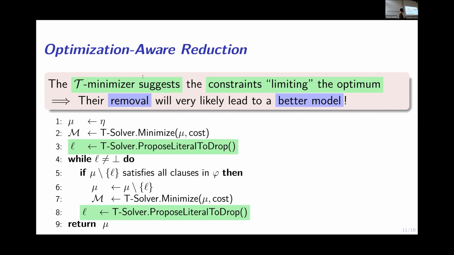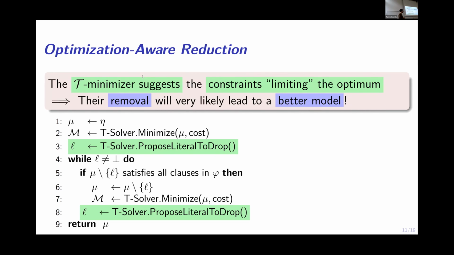So this is the procedure that reduces the truth assignment. We start from the total truth assignment, we find the minimum, and then ask the minimizer which are some of the literals which we should drop for improving the optimum model.